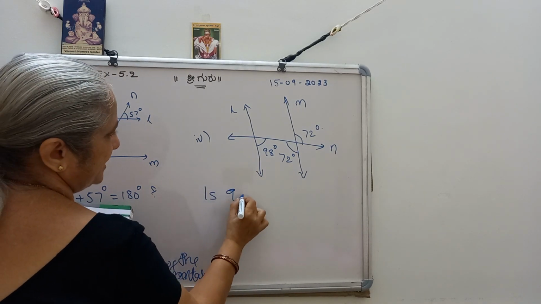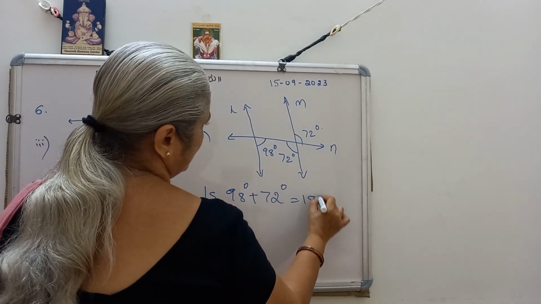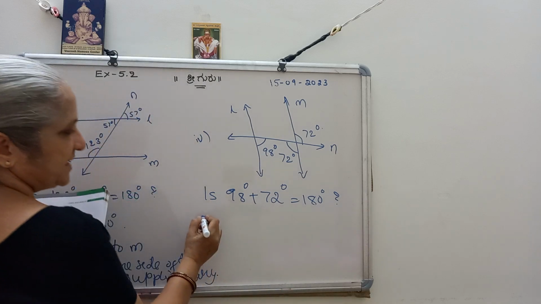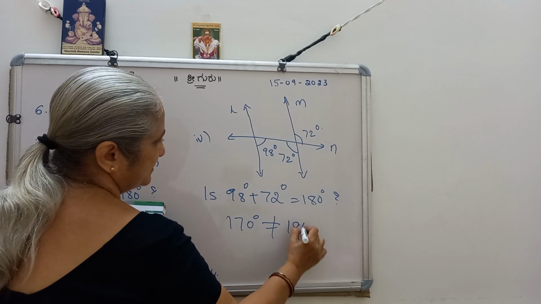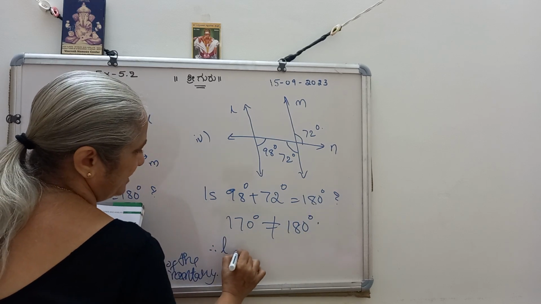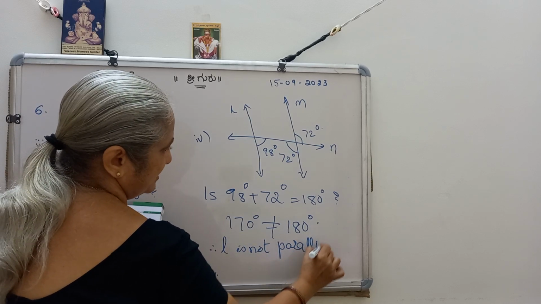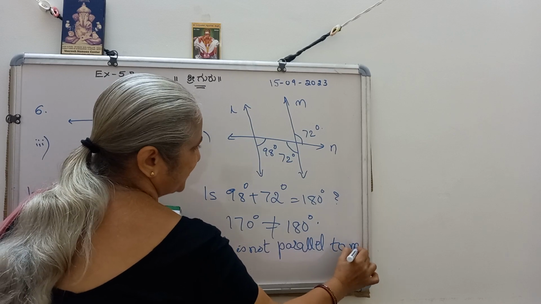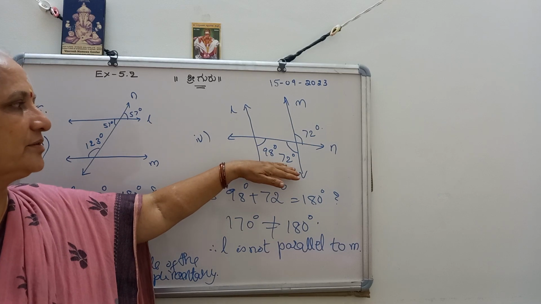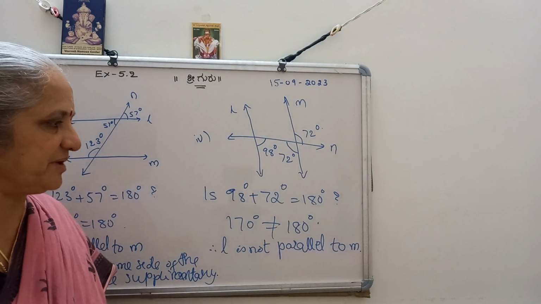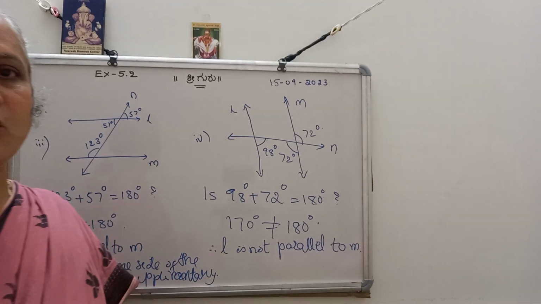Is 98 plus 72 equal to 180? 98 plus 72 is 170, not equal to 180 degrees. Therefore, L is not parallel to M. It is not satisfying the condition that pair of angles on the same side of the transversal are supplementary. Therefore, this pair of lines is not parallel.